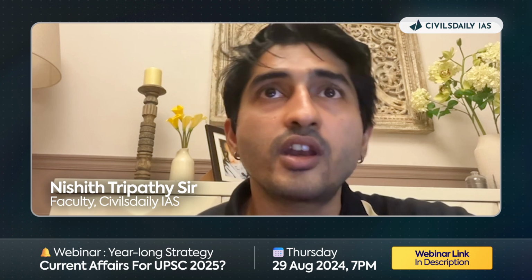Secondly, integration with static subjects is very essential when current affairs is concerned. Right now, the way aspirants usually prepare is they take up a book or some old school current affairs where there is a lot of information stuffed into somewhere around 100 to 150 pages and then they mug it up. Now, my point is, imagine all the aspirants reading approximately from the same sources.